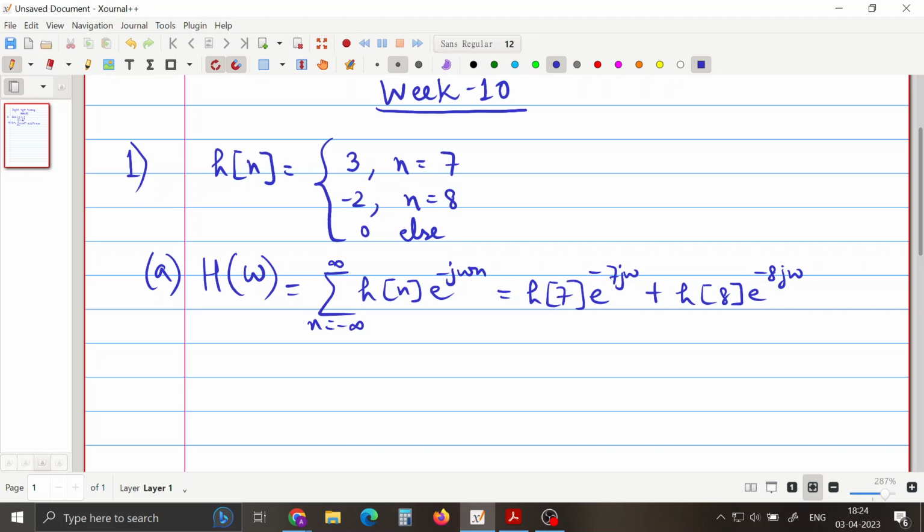So what do we get? h of 7 is 3, so this is 3 times e power minus 7j omega, plus, actually h of 8 is -2, so there will be a minus sign. So it's minus 2 e power minus 8j omega.